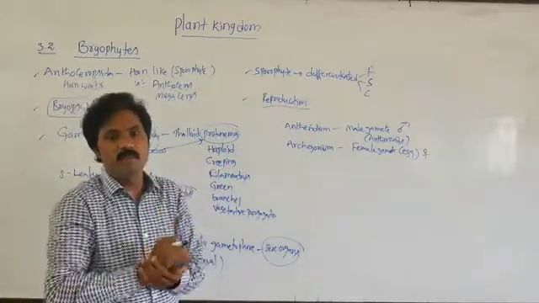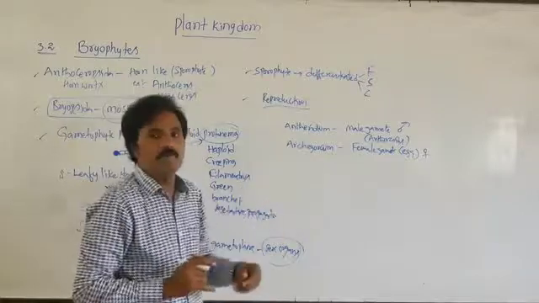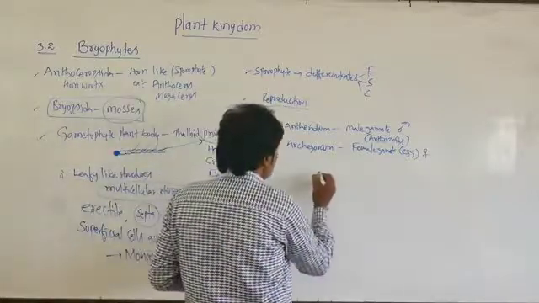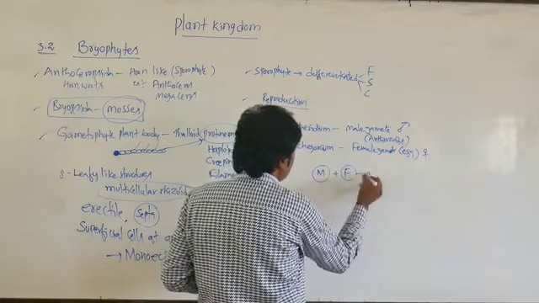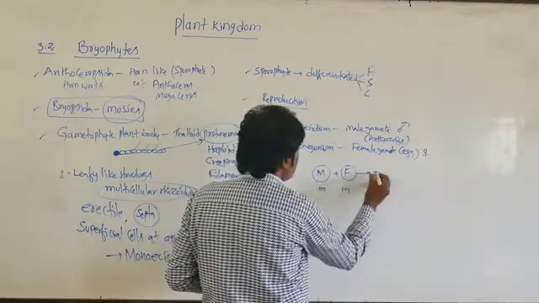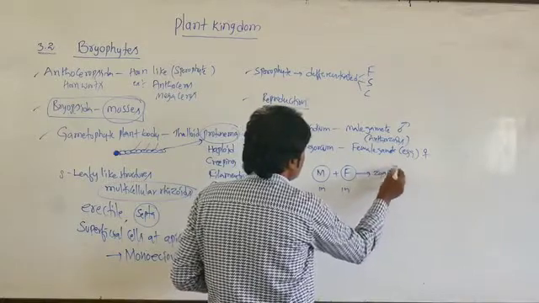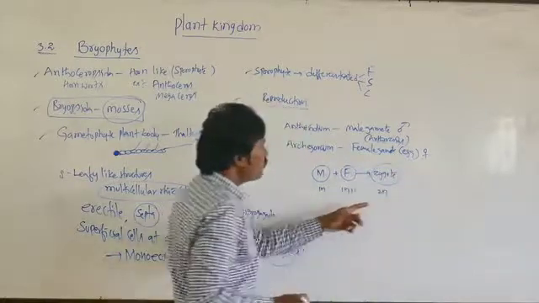After dispersal of the male gametes from the antheridium, the male gamete fuses with the female gamete, and both together form the zygote, which is diploid.